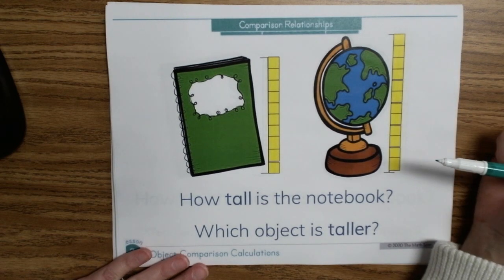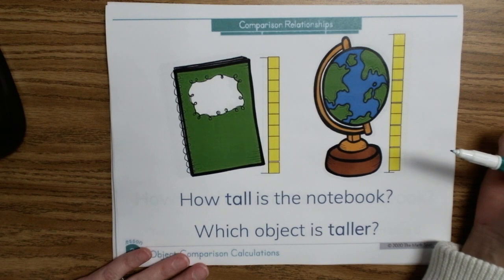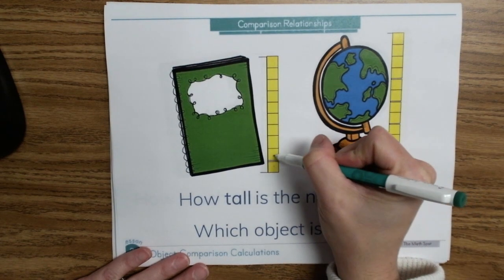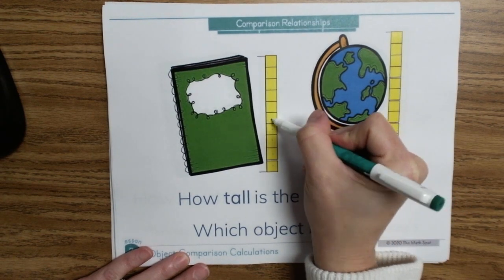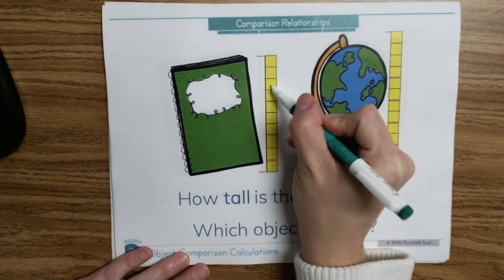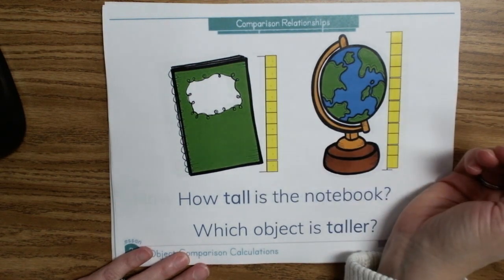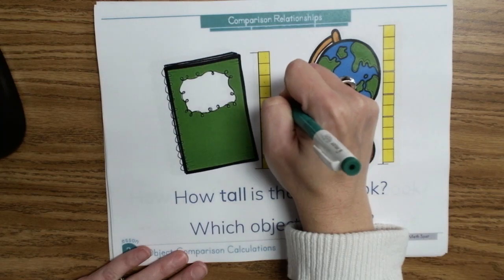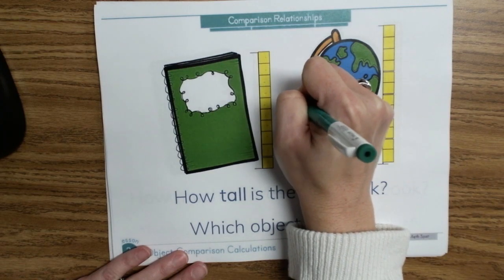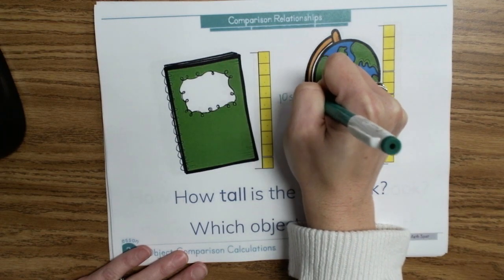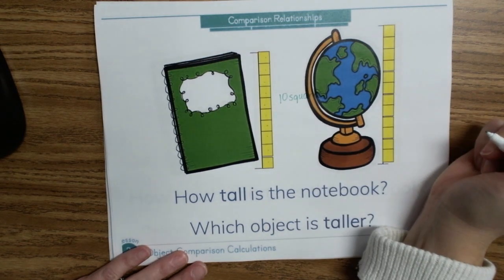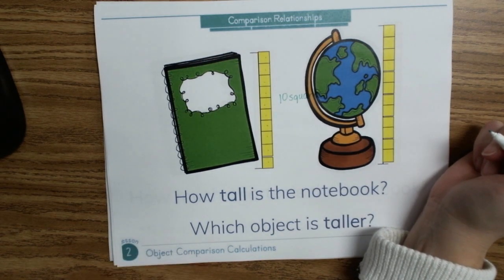How tall is the notebook? Well, we can do that. We can count it. Let's count. 1, 2, 3, 4, 5, 6, 7, 8, 9, 10. So the notebook is 10 squares. Easy, we can do that. 10 squares.